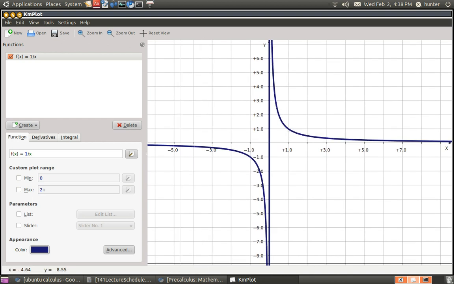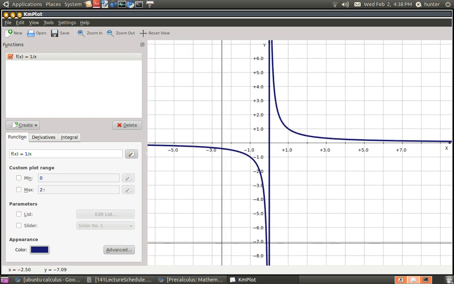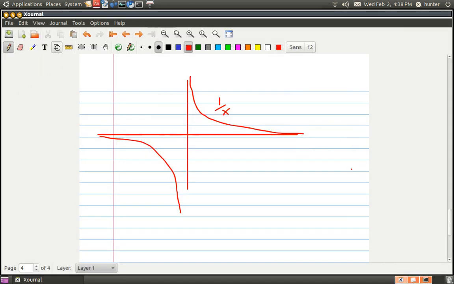But the function looks more or less like what I said, and what I was going to go towards was saying that there's a whole family of functions that look like this. So in that family, 1 over x is just the first one. And what's the next one? So the next one is 1 over x cubed.